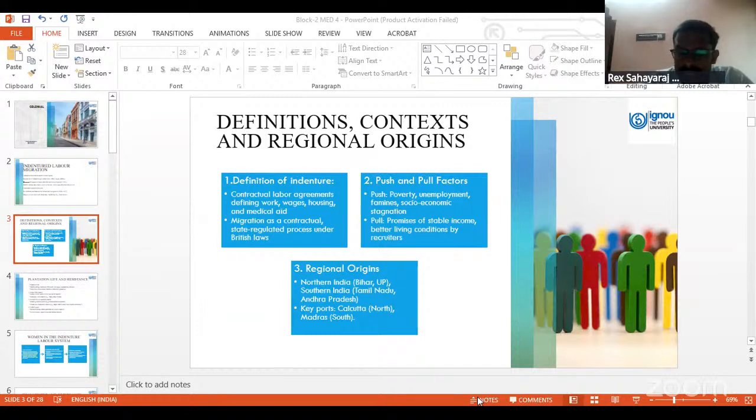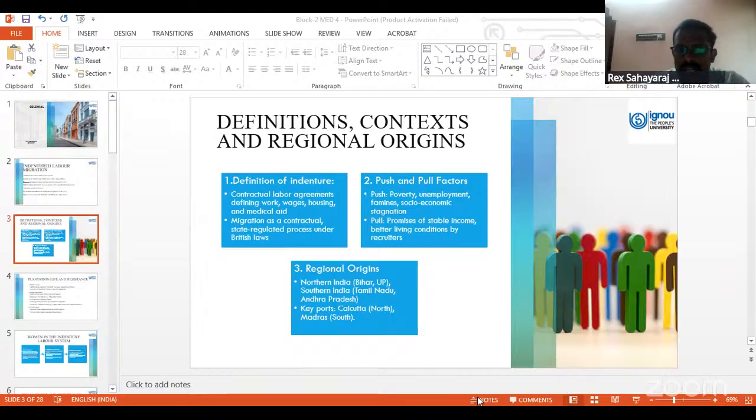So, there is a contract between the employer and the laborer who is going to do manual labor in the field or the plantation. That employer is also considered a planter. So in the contract, the specified wage rate, what wage they must be given, their working hours, whether they are given free housing or not, and the type of work they have to do, everything is in detail, and whether they are given medical aid or not, everything is in the contract.